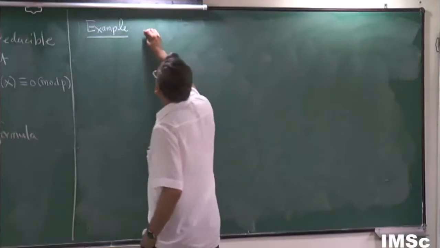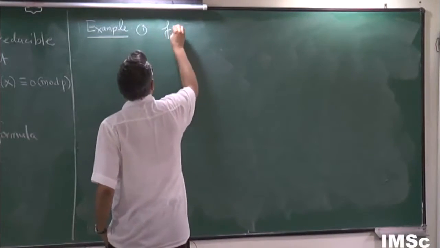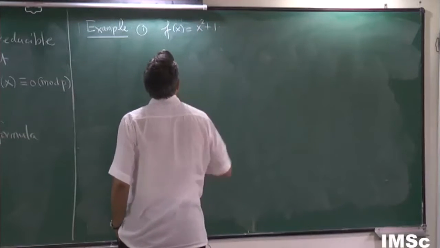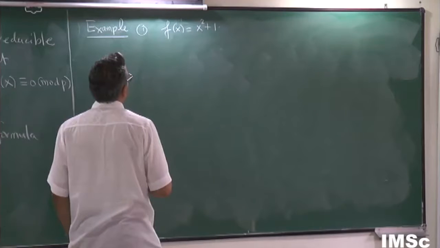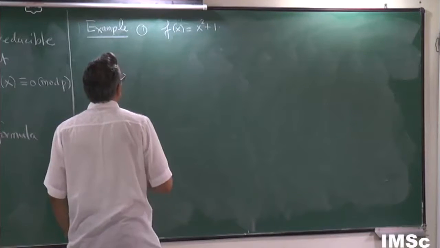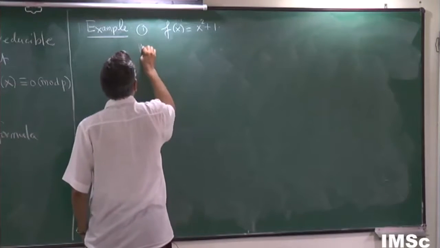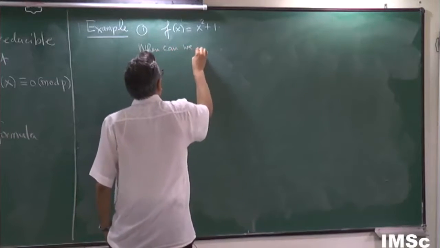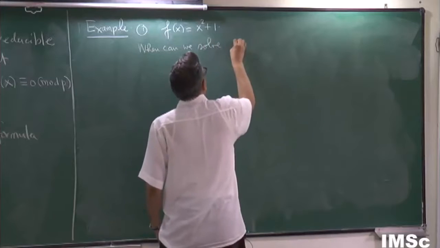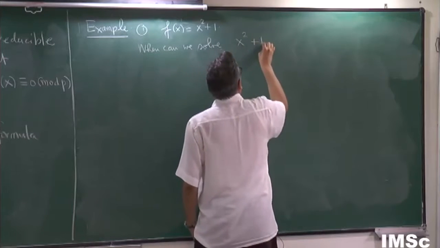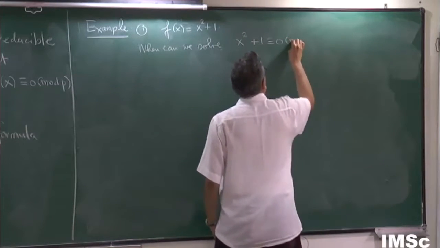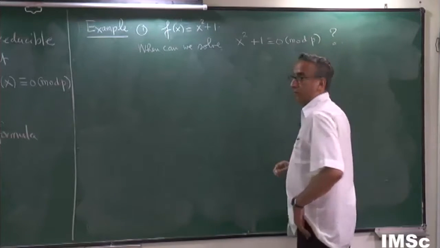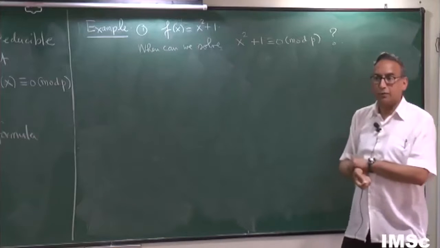Let's look at the following example. f(x) equals x squared plus 1. So when can I solve this congruence mod p?